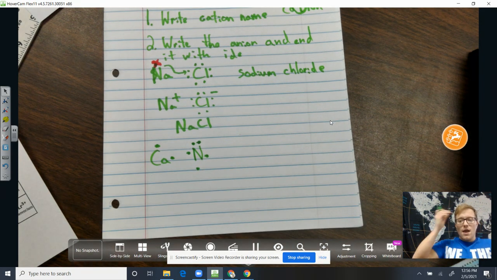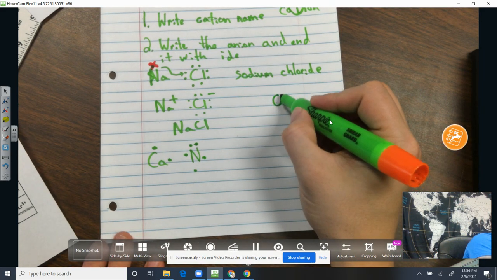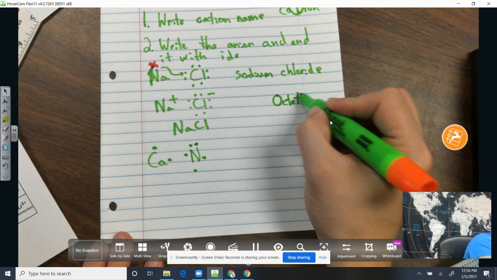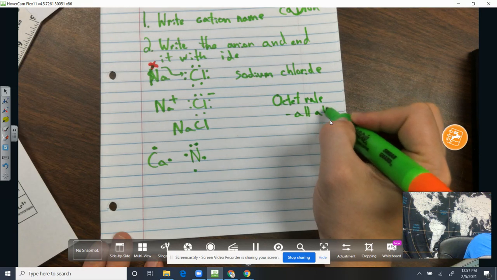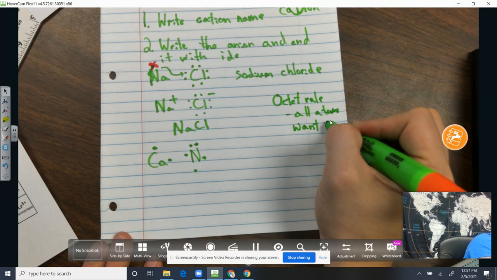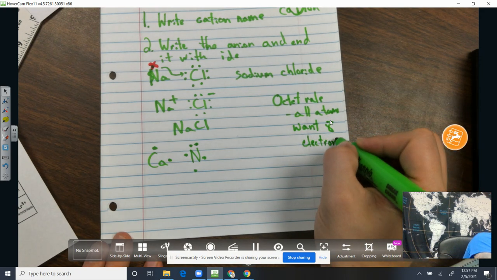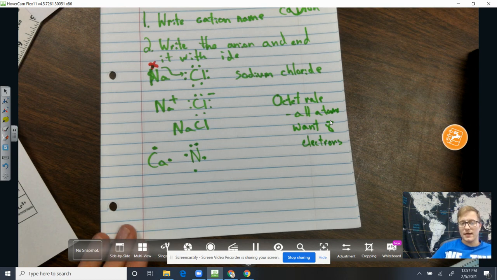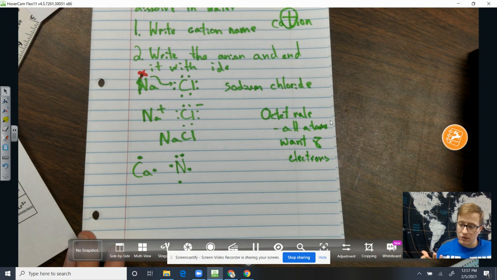Now, what are their charges going to be? Remember, this is the octet rule. All atoms want 8 electrons, no matter what. So calcium is going to give up its 2.